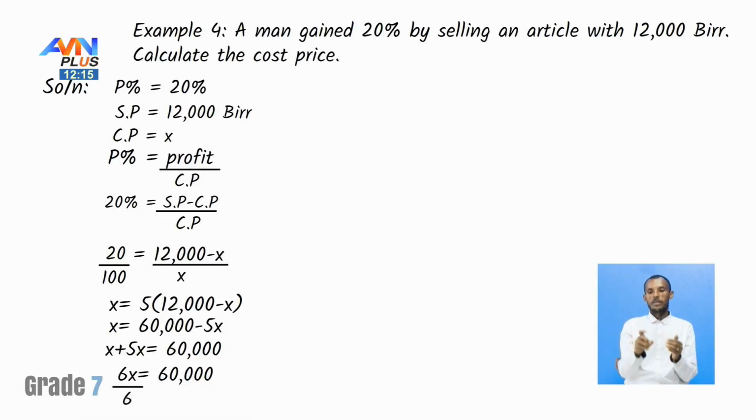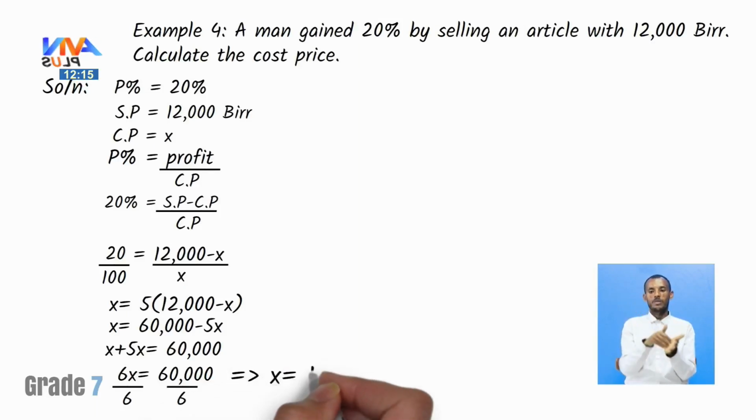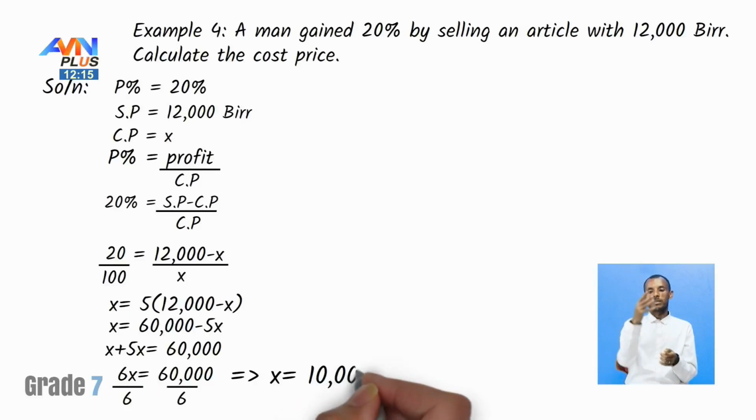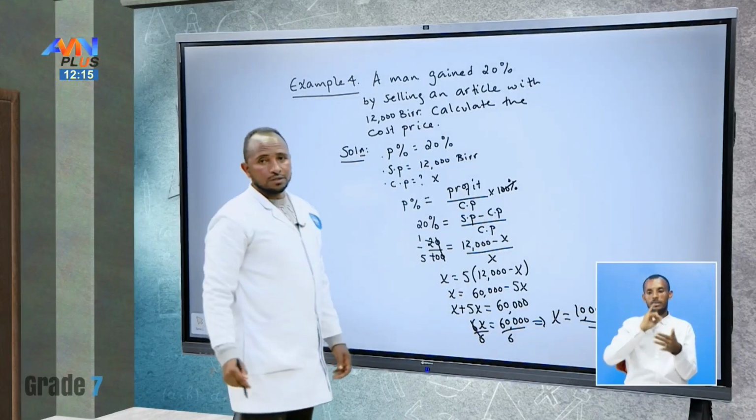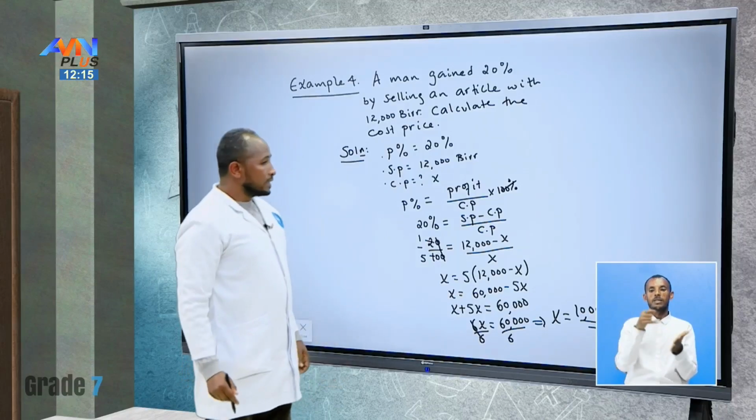So this implies x is equal to 60 divided by 6, this is 10,000, which will be the final answer. So here the cost price is 10,000. That's it.